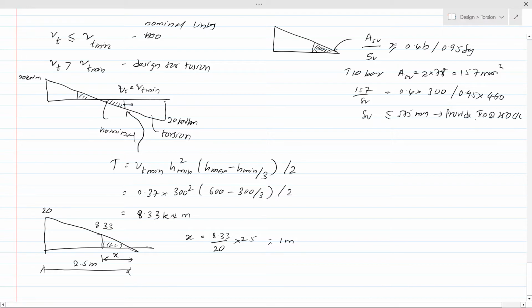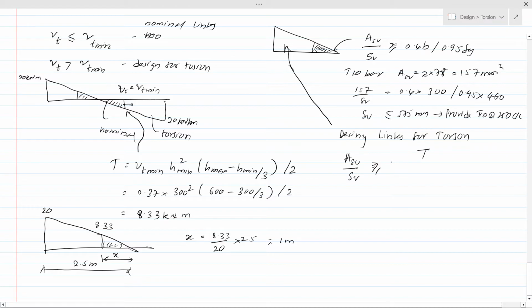Now we have to calculate the design links for torsion for this area. For that also the code has given the equation. You can use that equation directly.